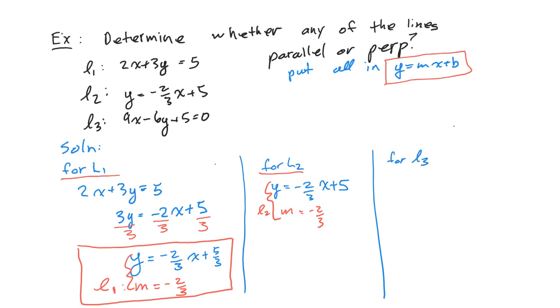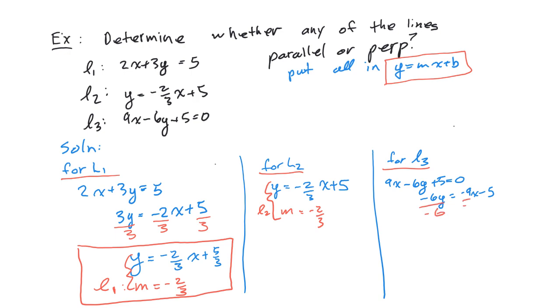For L3, we start with 9x minus 6y plus 5 equals 0. Let's move everything that's not a y to the other side. So we have negative 6y is equal to negative 9x minus 5. Now we divide everything by negative 6.